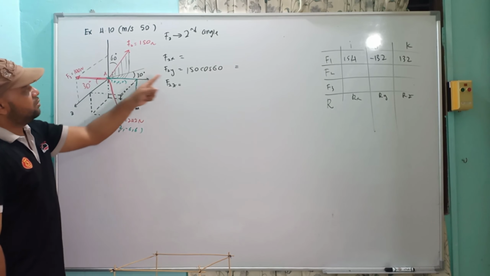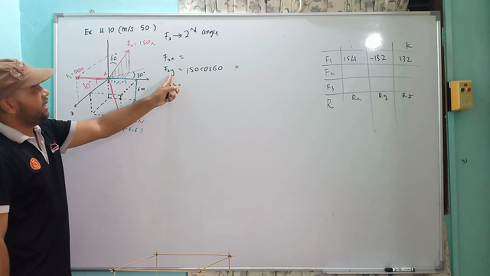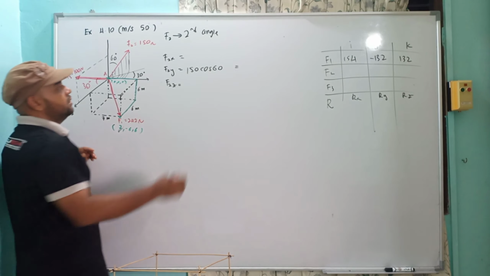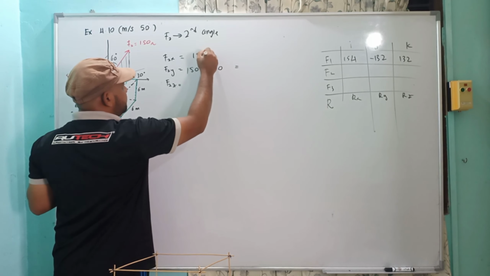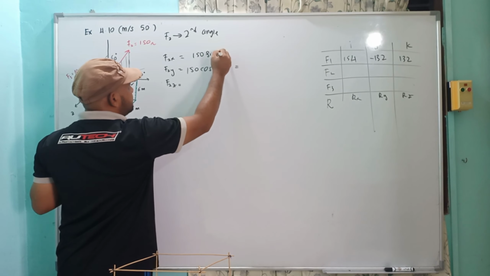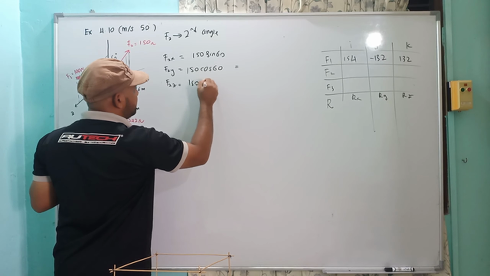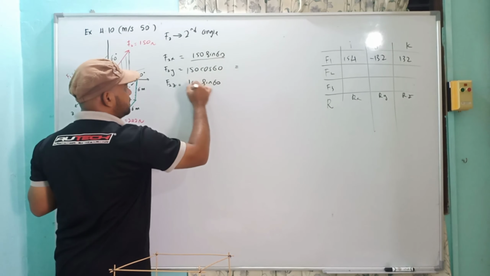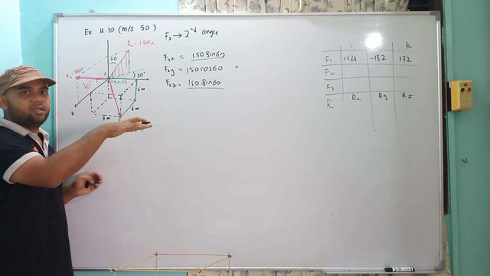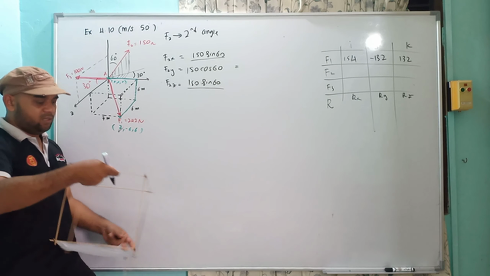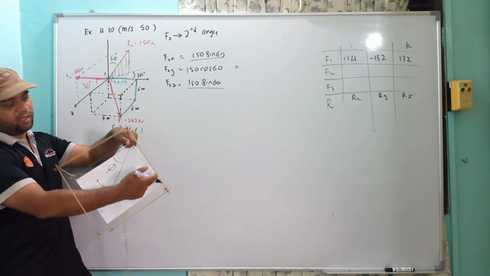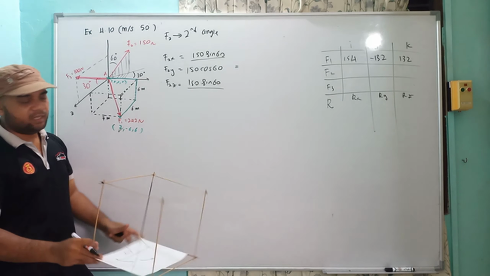And then once we use y equal to cos, the other one here must be sine. So 150 sine 60. But this one is still not finished because we just resolved into this surface. So we need to again resolve back, one into x and the other one into z.